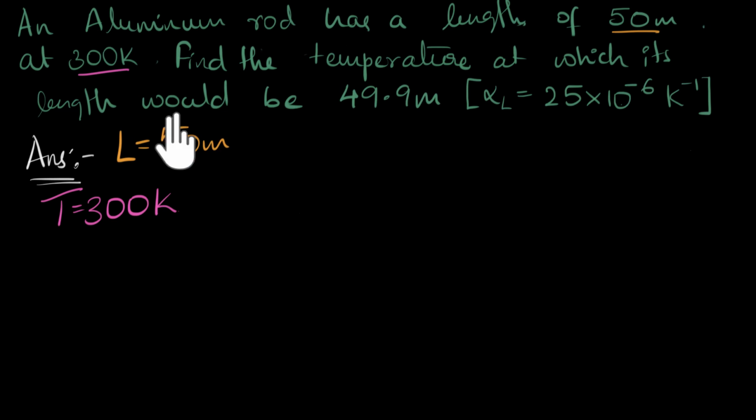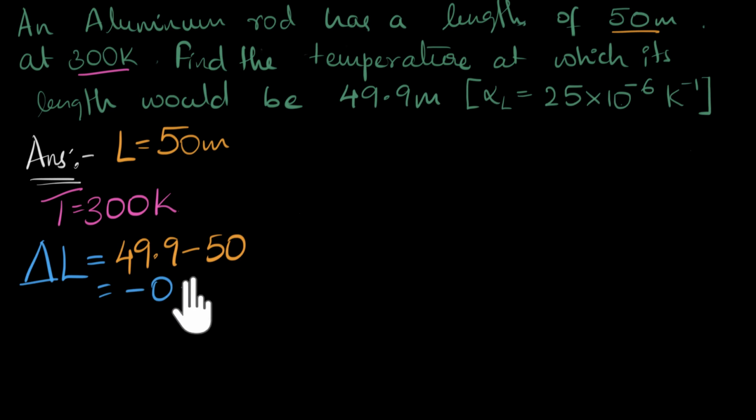Find the temperature at which its length would be 49.9 meters, which means the initial length is 50, the final is 49.9, so the change in the length would be 49.9 minus 50, and that would be minus 0.1 meters. The minus sign is just telling that we want the rod to shrink in size, that's all, nothing else. So we want the rod to shrink in size by 0.1 meter. The question now is to what temperature we should cool it down, because we want it to shrink.